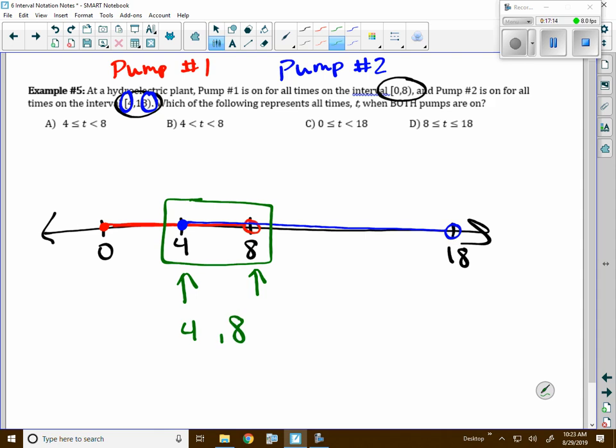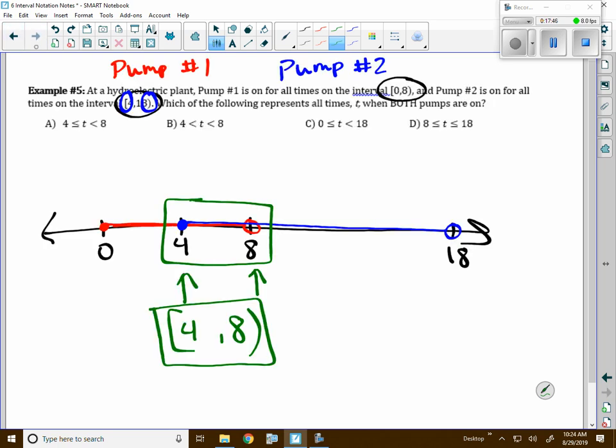Okay, from 4 to 8, but you have to decide which one is on at that time and which one's not equal to that time. So here at 4, we have a closed circle, meaning we're going to have a bracket. But over here at 8, we have an open circle, so we're going to have a parenthesis on that one. So from times 4 to 8, only including the 4, is when both pumps are on.